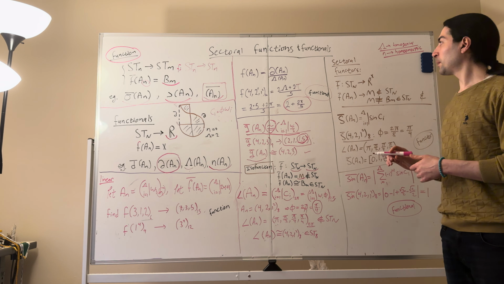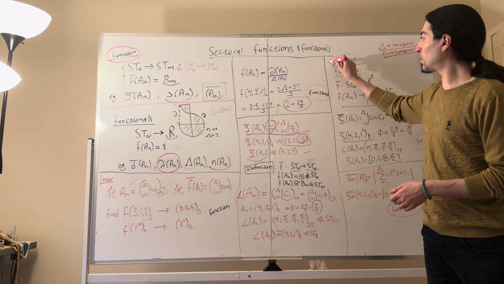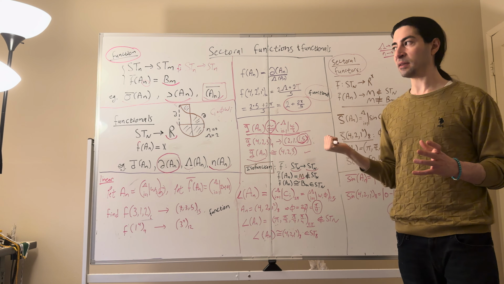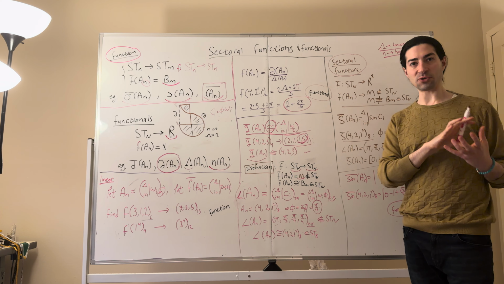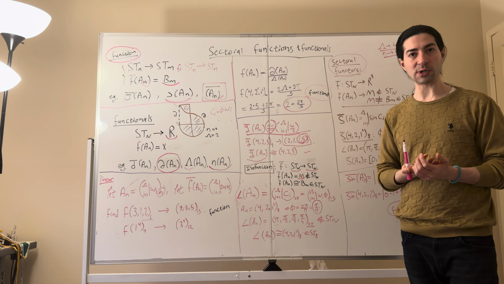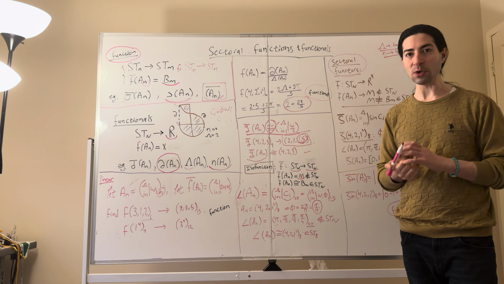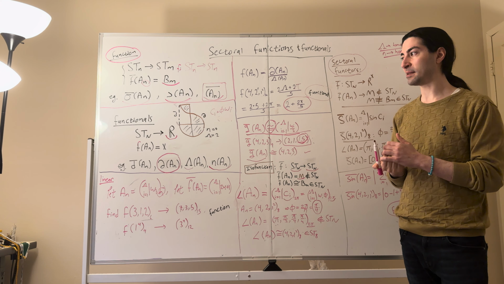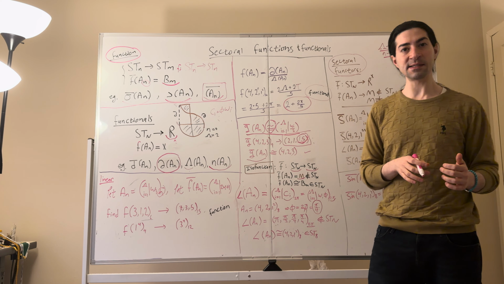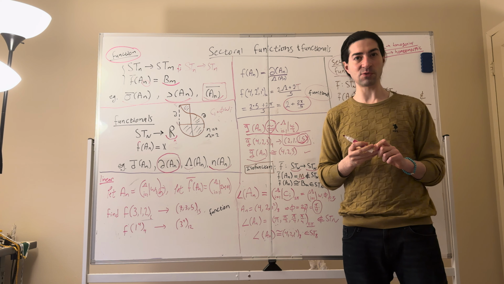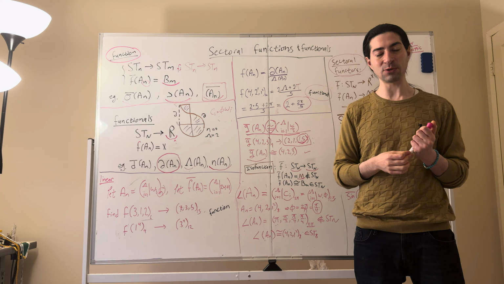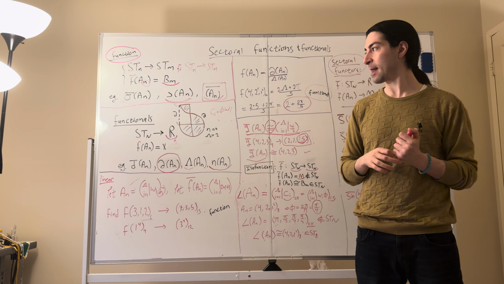Now finally, we will talk about sectoral functors. So a functor in this sense takes a sectoral structure and gives us some other structure or some other object that is not just a simple real number, and it is not a simple sectoral structure either, nor can it be isomorphic to a sectoral structure.